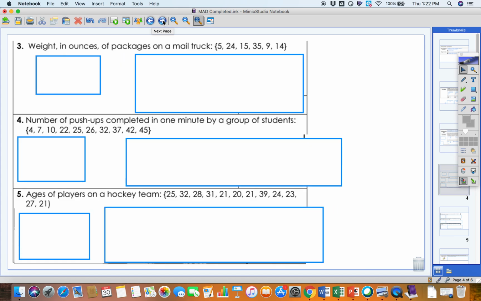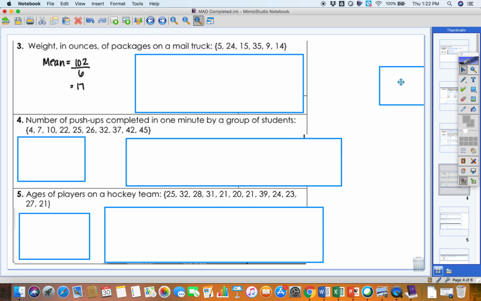Number 3, the weights in ounces of packages on a mail truck are 5, 24, 15, 35, 9, and 14. So here we want to find the mean first. So again, we take the sum of all of those weights and divide it by the total number. So we get 102 divided by 6, which is 17.